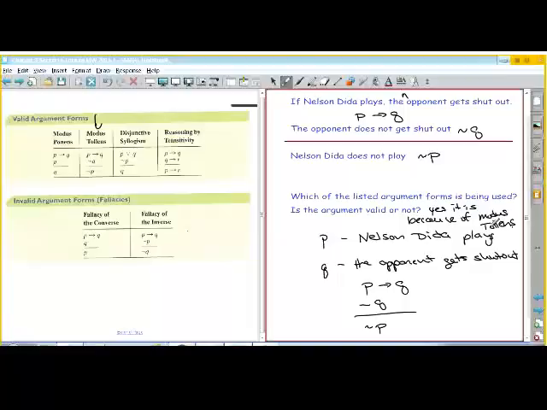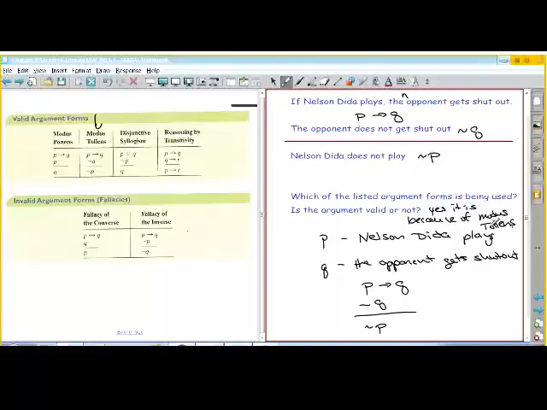Now the problem here is, of course, the original statement is maybe not correct. Because if the opponent doesn't get shut out, then, I mean, there are cases where somebody else played and the opponent got shut out.